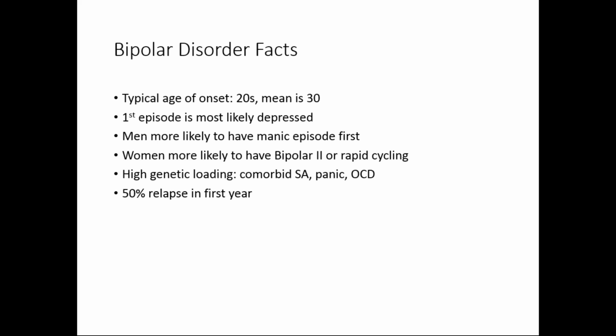It's rare for the first mood episode to be manic. But if the first episode is manic, that's more likely to happen in men. So women are more likely to be diagnosed with depression, generally. Men may have a greater likelihood of experiencing a manic episode first than women will.